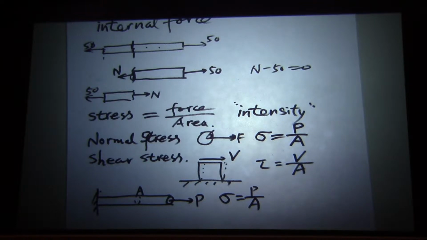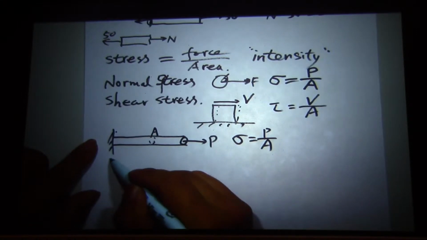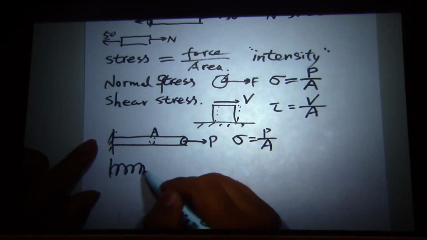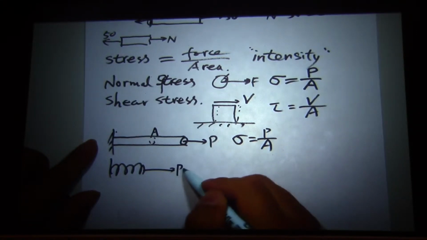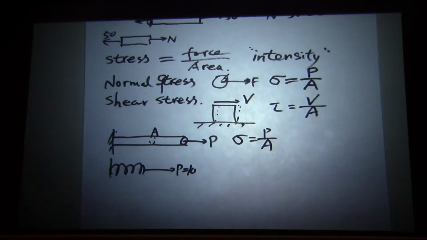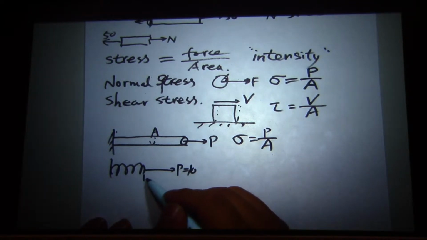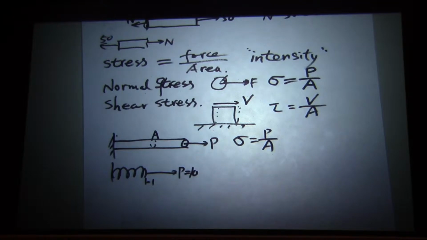Now, let's imagine I have a spring. If I stretch this spring, let me draw it here. Say I have a spring here, and I apply a force, let's say P equals 10. This is going to move a little bit to here, stretch a little bit.